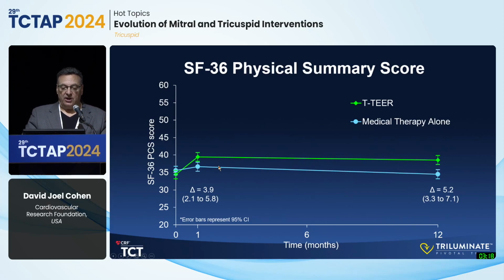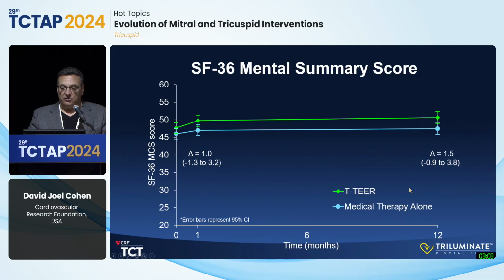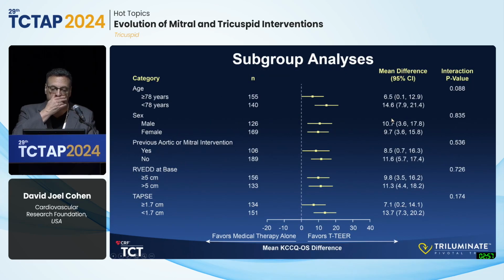In terms of the other scales, the SF-36 physical summary also showed substantial benefits, about 4 points at 1 month, and 5 points at 12 months, which is substantially larger than the minimally important difference. And for the mental summary score, they did not start very impaired. There were small differences, but these were not at all statistically significant.